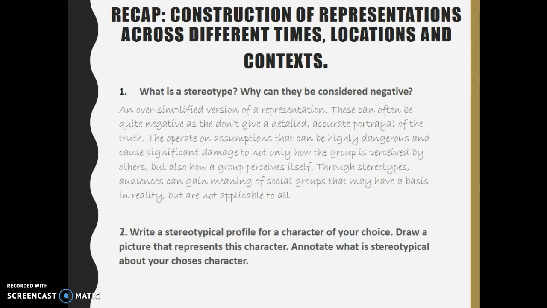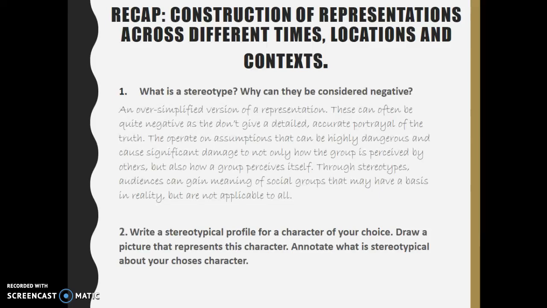Alright, so what is a stereotype and why can they be considered negative? You all should have had a go at trying to write a paragraph for this. An example paragraph for a SAC or your exam could be: they are an oversimplified version of a representation. They can often be quite negative as they don't give a detailed, accurate portrayal of the truth.